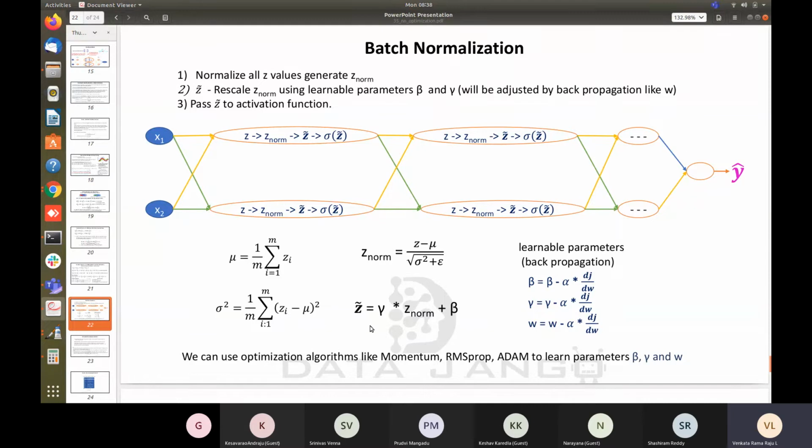What is Z tilde? You will take other parameters, gamma and beta. These gamma and betas are randomly chosen initially, and they'll get adjusted. Along with W's, there will be gamma and beta additionally added. So you calculate Z norm, all the normalized Z's, and then using all the normalized Z's, you calculate Z tilde.